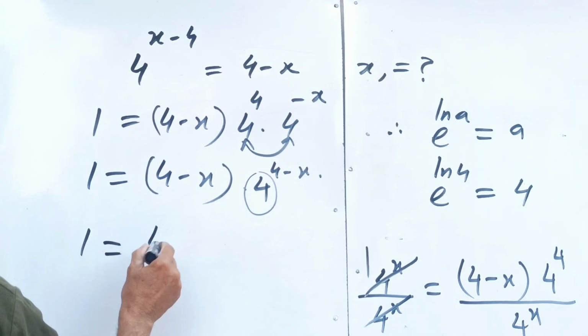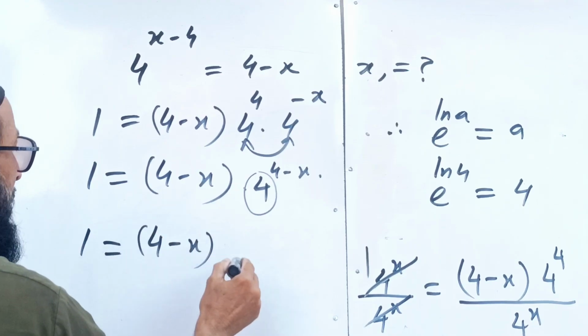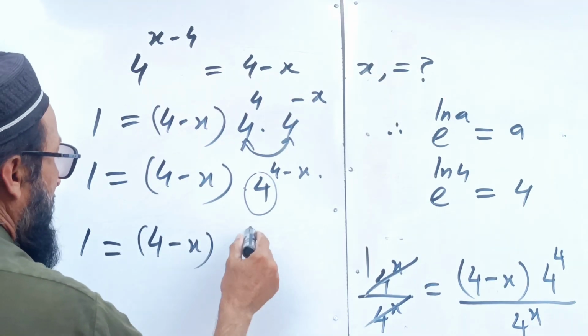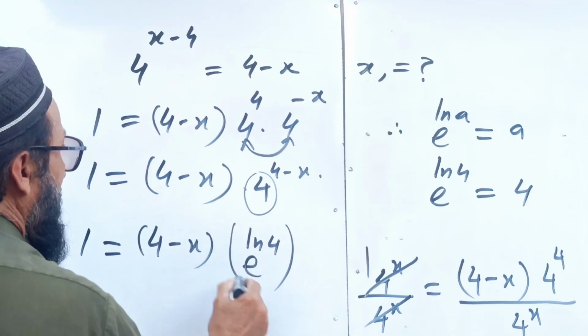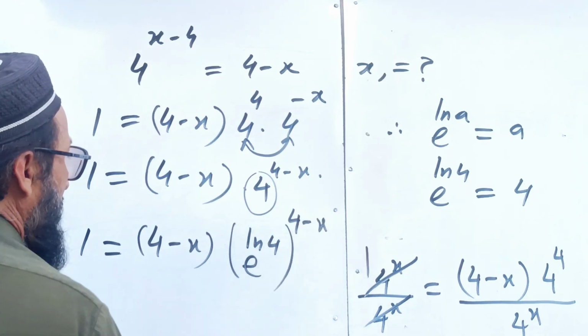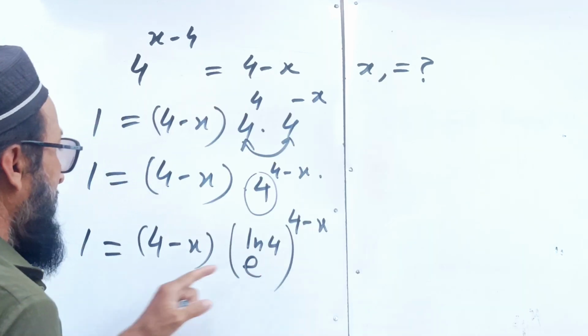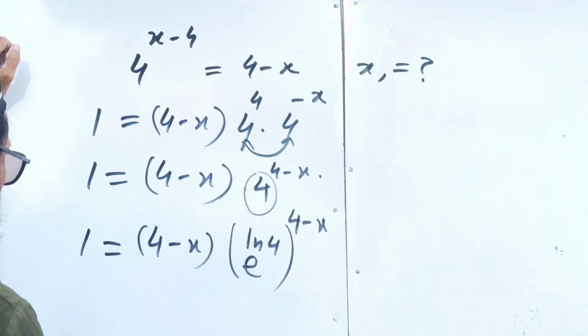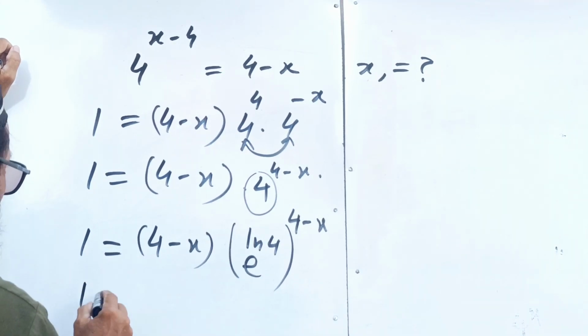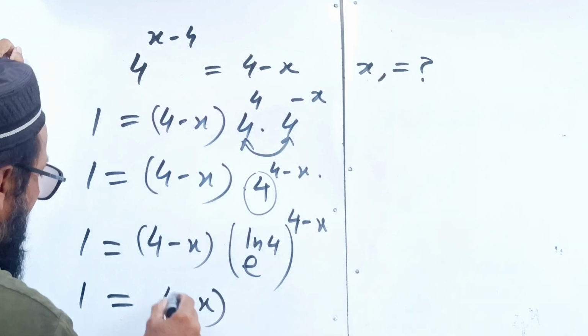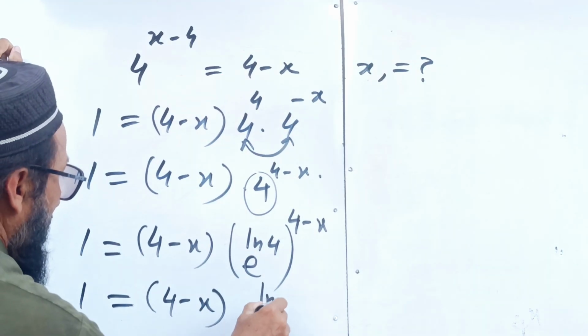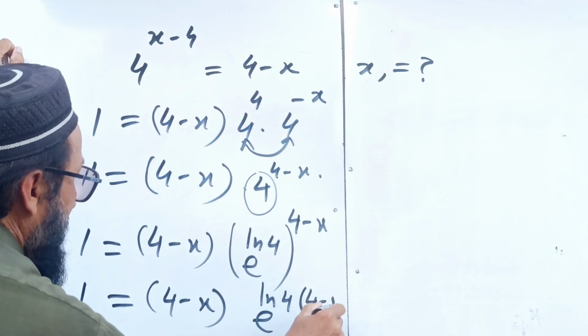So 1 is equal to 4 minus x, and e exponent of log of 4 and whole exponent of 4 minus x. Now we can multiply these two terms: 1 is equal to 4 minus x into e exponent of log of 4 into 4 minus x.